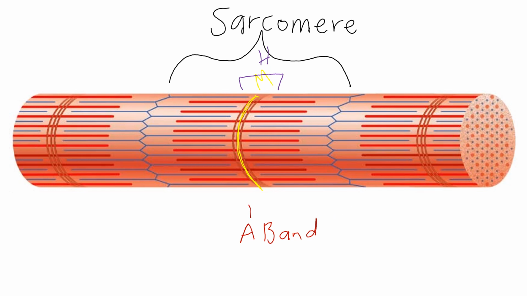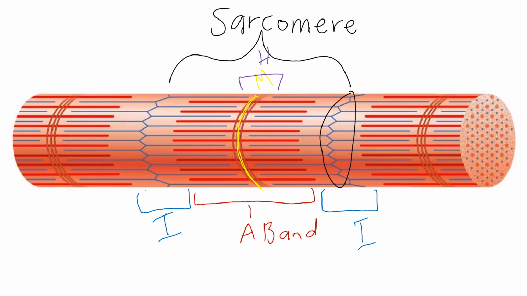Okay, so here is our light area, right here. So these are going to be the I bands. Okay, and the Z disc is going to be this structure right here. Those are Z.